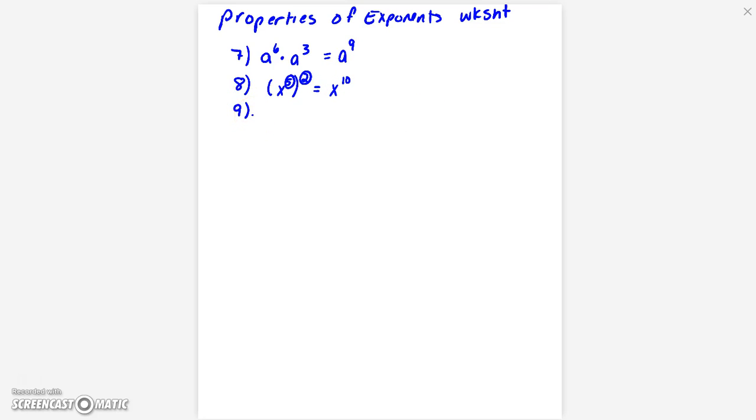Number 9, 4a squared b cubed to the 5th power. So we do the same thing. What might confuse you guys is this 4 here. Just remember, any base number that does not have an exponent, the exponent is 1. So let's just take them one by one. For 4, it's 4, and then I multiply this 1 times 5, so it's 4 to the 5th power.